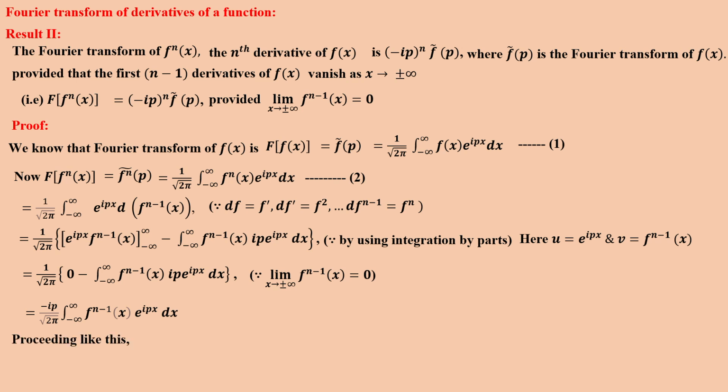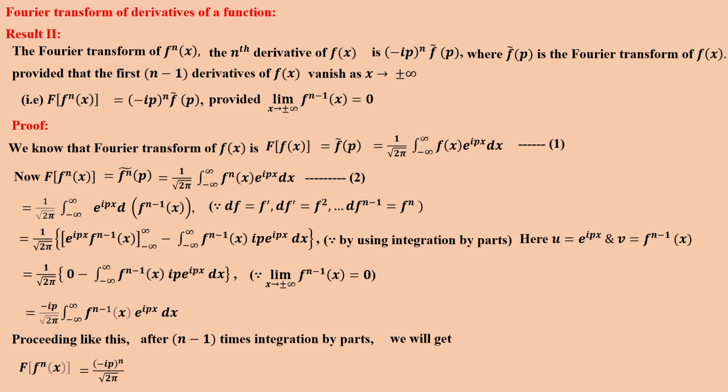So proceeding like this after (n-1)th time of integration by parts, right? The (n-1)th derivative can be written as derivative of the (n-2)th derivative of f, right? Proceeding like this, you will get after (n-1) times, minus ip power n, right?